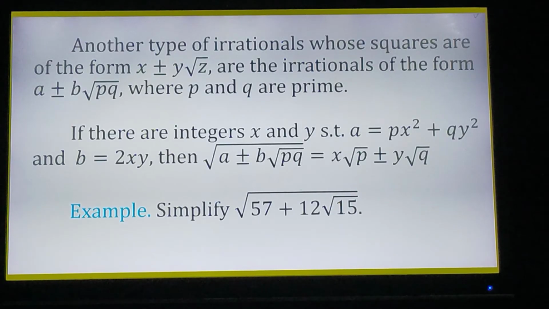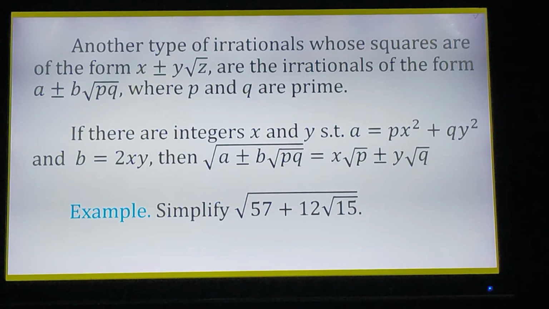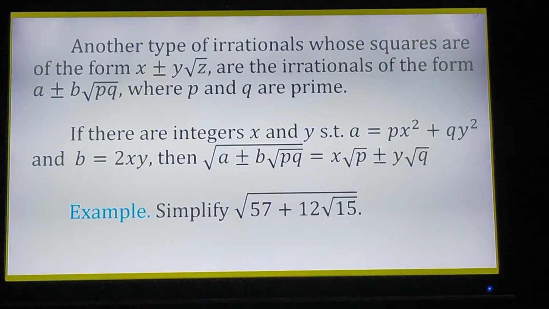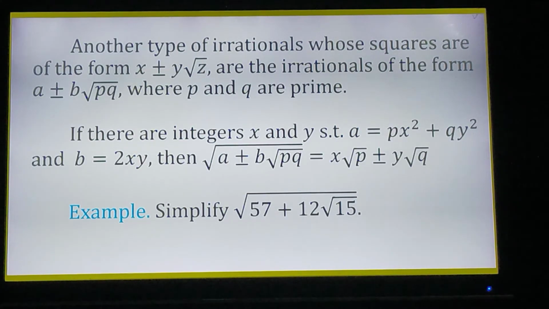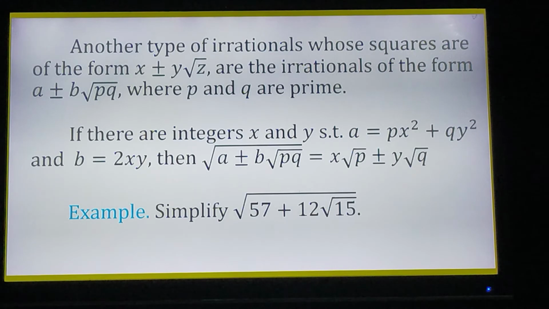Another type of irrationals whose squares are of the form x plus or minus y square root of z are the irrationals of the form a plus or minus b times the square root of p times q, where p and q are prime numbers.